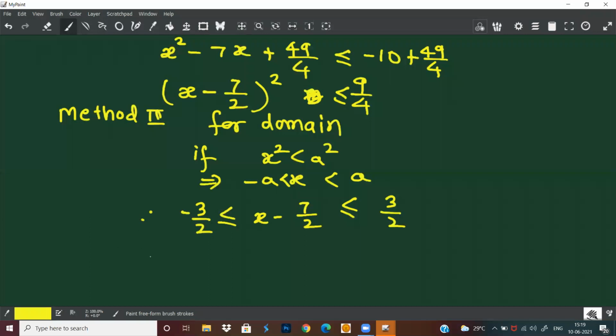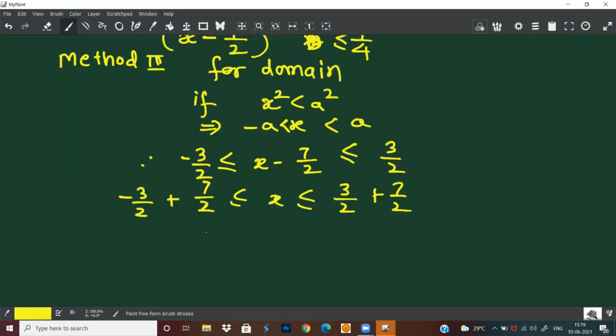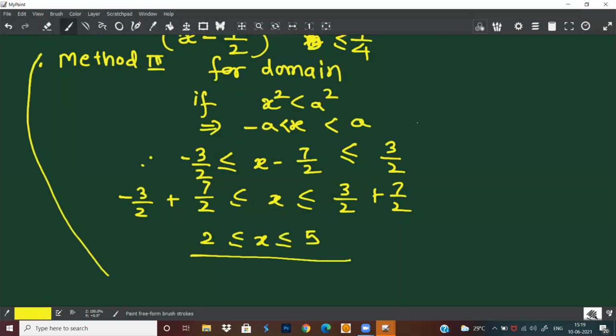So by adding 7 by 2 on either side, this is method 2 I'm showing you for getting the domain. So this gives 2 less than x is less than 5. This is the domain. You can do it by this method also. Are you very clear? Do it this way or that way, any way.